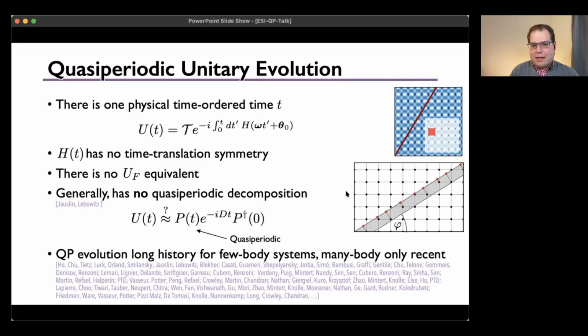If you imagine back to the picture that many of you have seen of the standard cut and project method of how to get a one-dimensional quasicrystal from a two-dimensional pattern, take an irrational angle, project some lines, or if you remember back to Uli's nice experimental talk where they had two spatial lattices that were superimposed, then here this works conceptually.